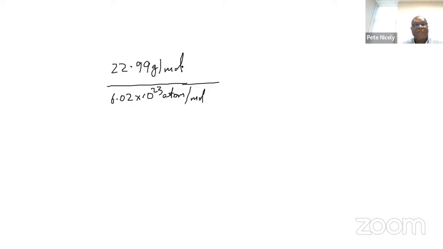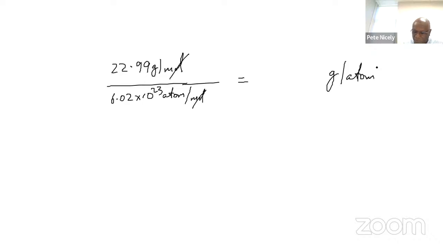I will take the 22.99 grams per mole, that would be the molar mass, and divide that by the number of atoms in 1 mole, which would be Avogadro's number, 6.02 times 10 to the 23 atoms per mole. And of course, the mole units will cancel out, so whatever you get would be expressed in grams per atom, which is what the question is asking for.